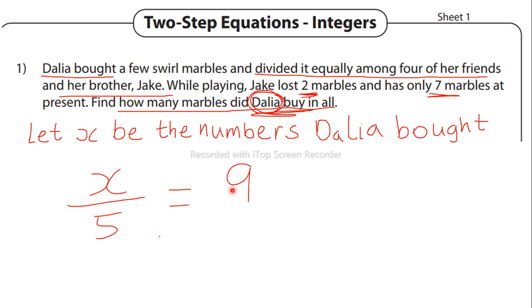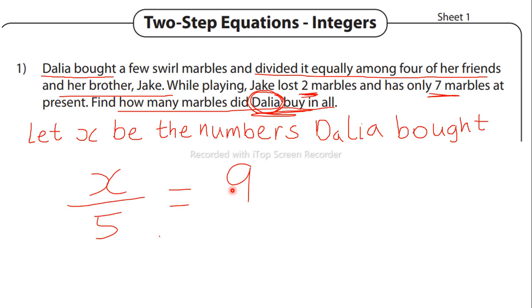Say it again. 40? You sure 40? No, it can't be 40. 45. Oh, 45. I got it mixed up. It's my bad. 45, okay? So she had 45 first in order to divide it by 5, so that dividing it into 5 equal parts, everybody can get 9.